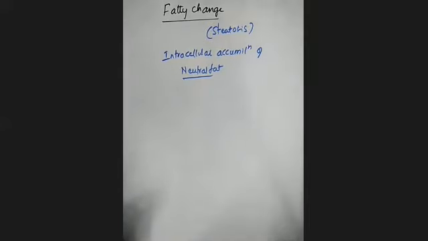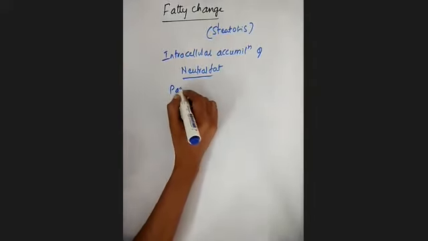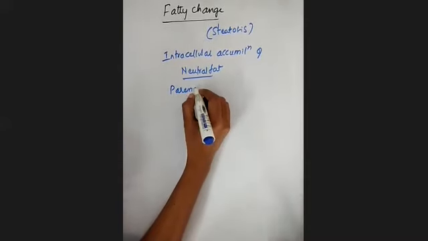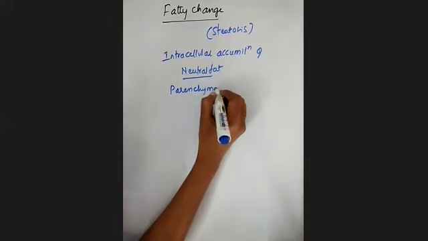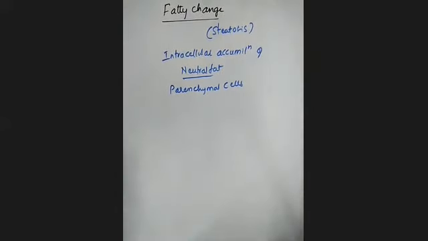It is mainly the intracellular accumulation of neutral fat within the parenchymal cells, where it is stored. Clear? Remember, the meaning of fatty change is intracellular accumulation of neutral fat within the parenchymal cells.